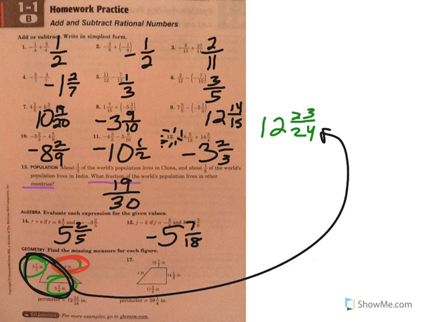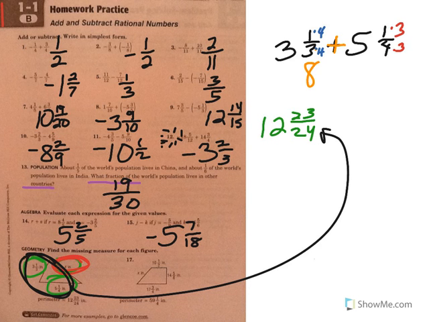So let's go ahead and add 3 1/3 and 5 1/4. Mixed numbers, no problem, because they're addition of positives. So it's going to be 8, and this is going to be times 4 and times 3.